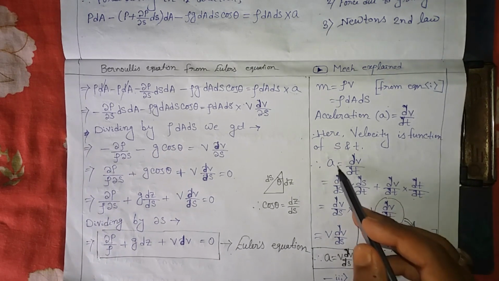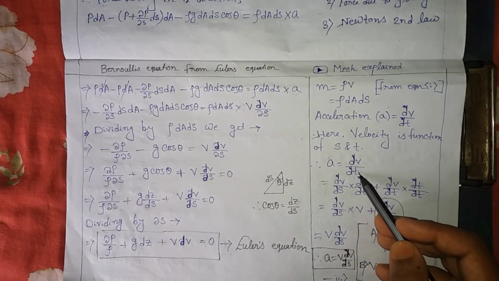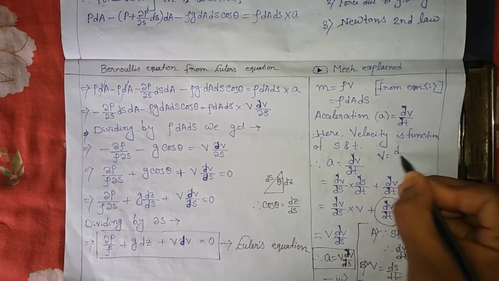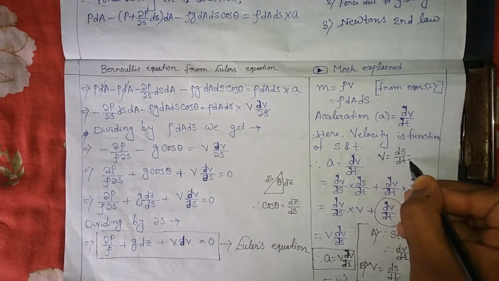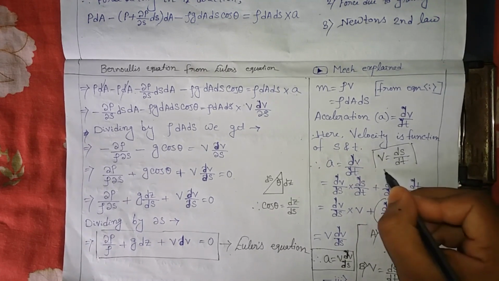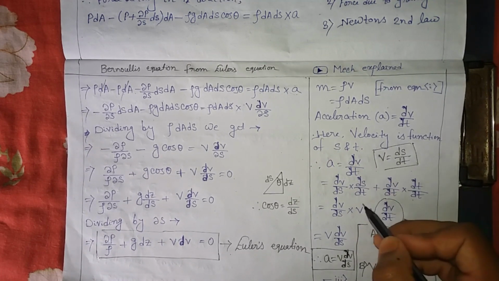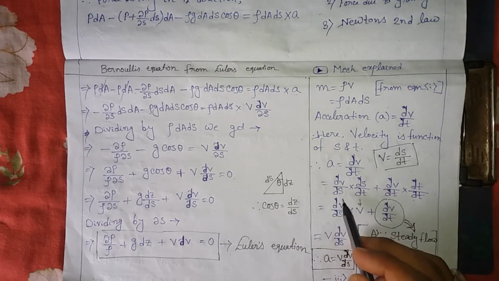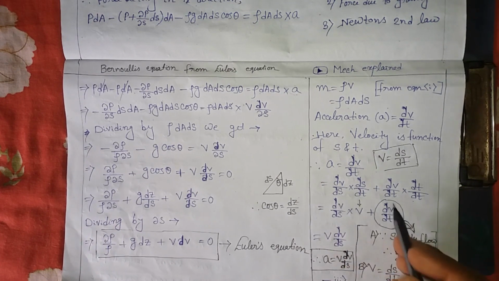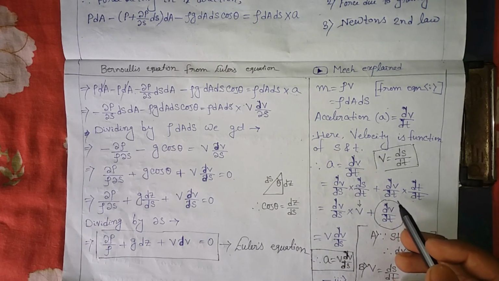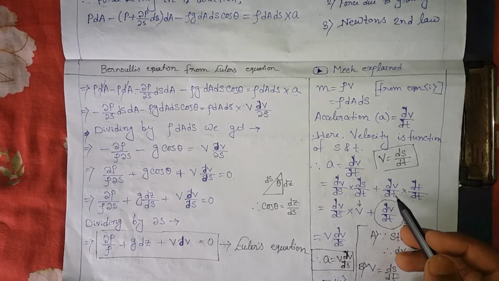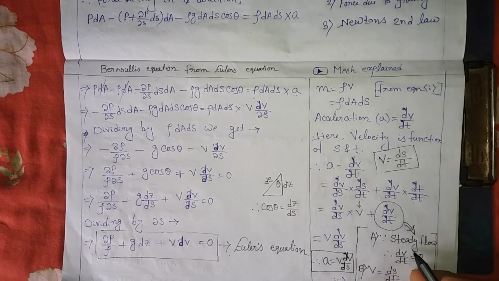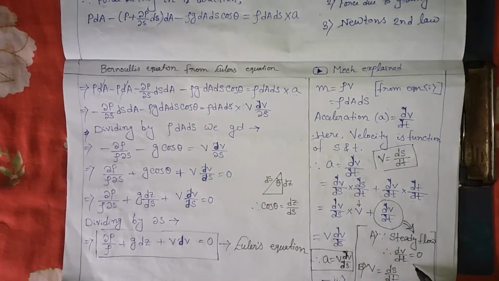Acceleration is change in velocity with respect to time, and velocity is change in distance with respect to time, so we can write ds by dt equals velocity, and dv by ds remains as it is, plus dv by dt. Dv by dt is change in velocity with respect to time, but because this is steady flow, the change of velocity with respect to time is 0.